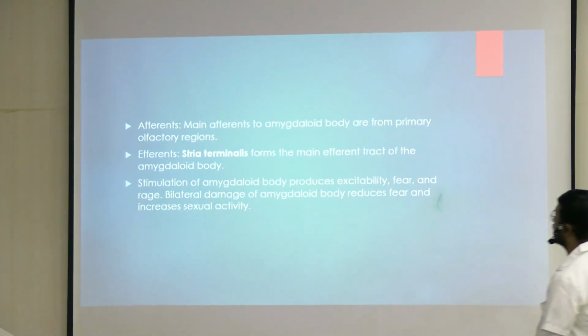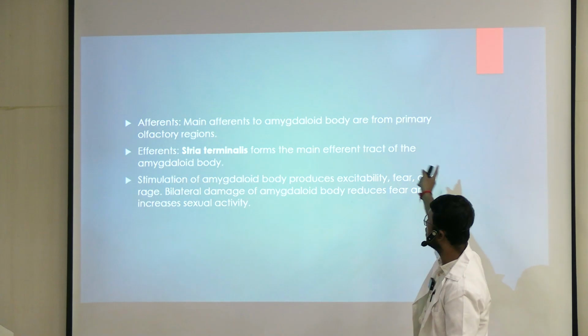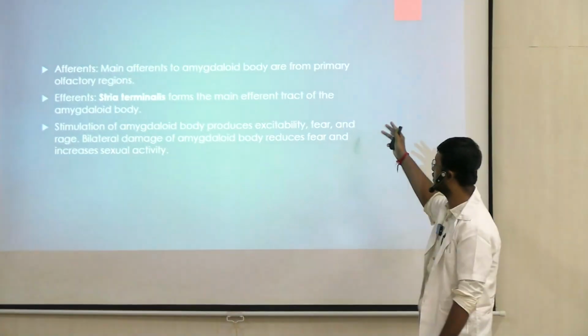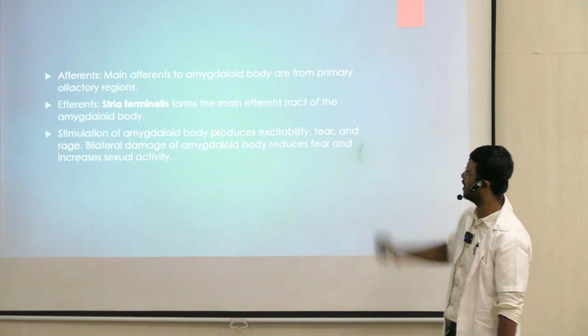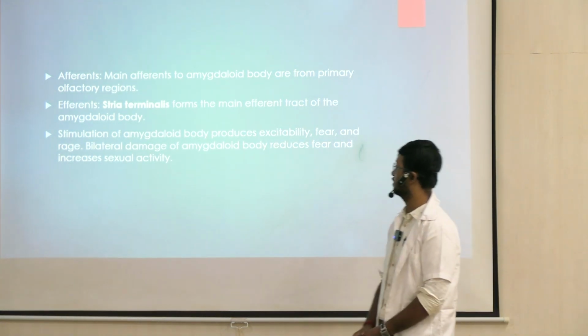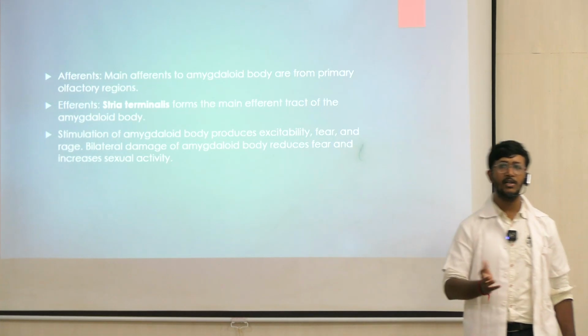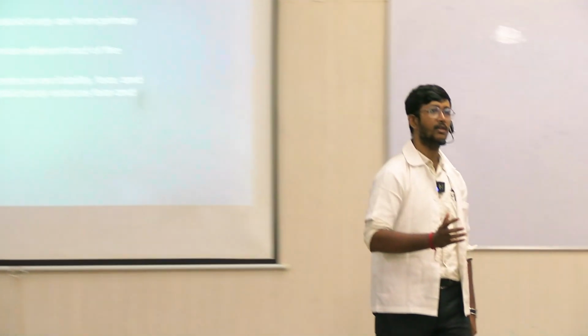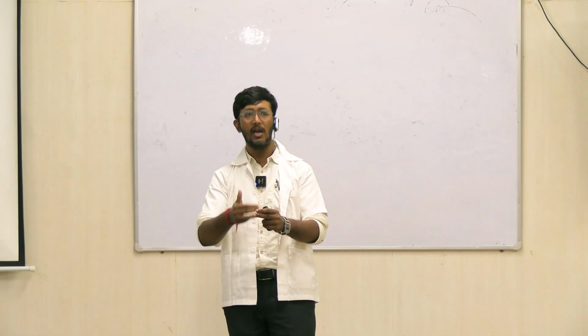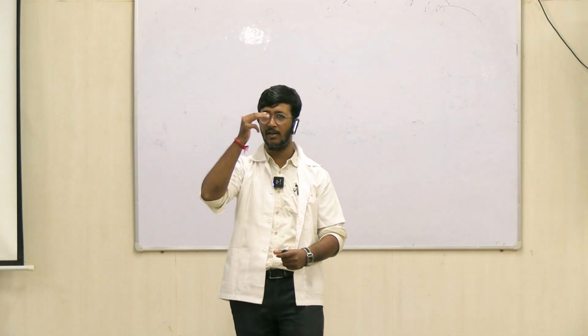So it gets the main afferents from your primary olfactory regions, because the sexual part is one part, but there are certain other parts also. So it receives fibers from your primary olfactory regions, and efferents are your stria terminalis. Do you know what is afferent and efferent? Basically afferent are signals coming through the afferent fibers to our brain.